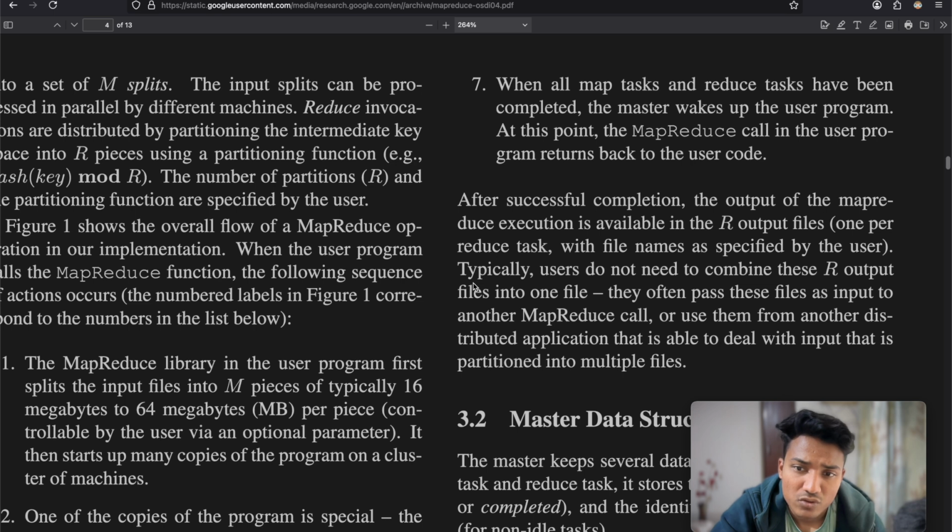Typically, users do not need to combine these R output files into a single file; they often pass these files as input to another MapReduce call or use them from another distributed application that is able to deal with input that is partitioned into multiple files. Okay, so that makes sense. Since they're working on a distributed problem, I am assuming that whatever the next step is, it will have the capability of handling a single input partitioned into multiple files.